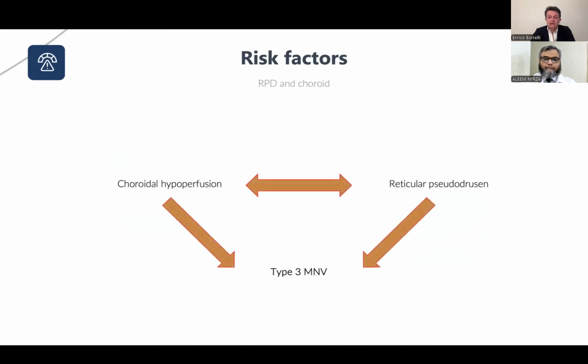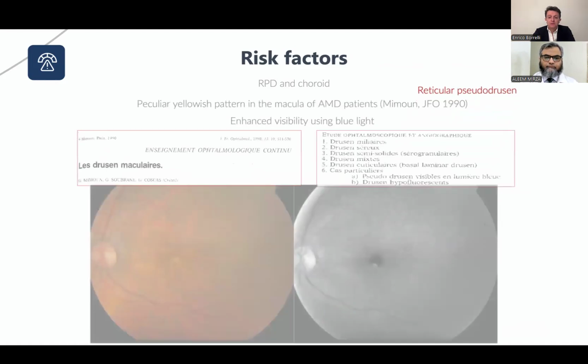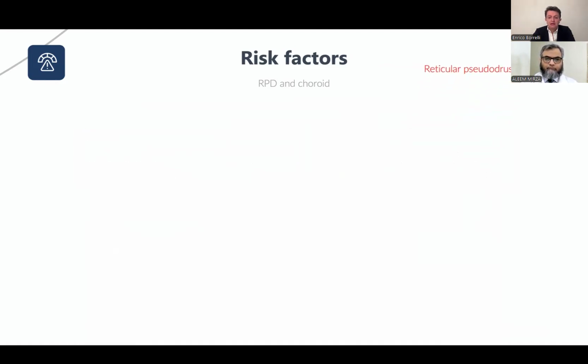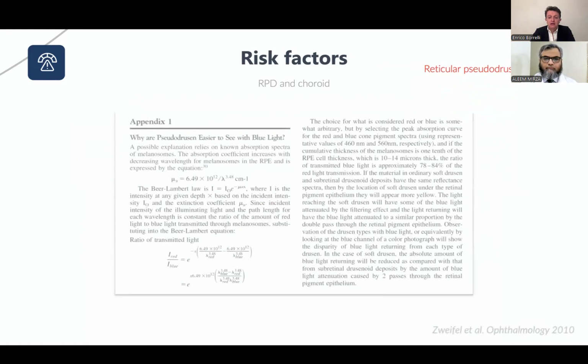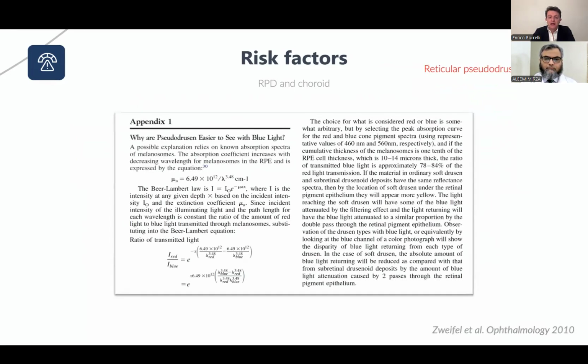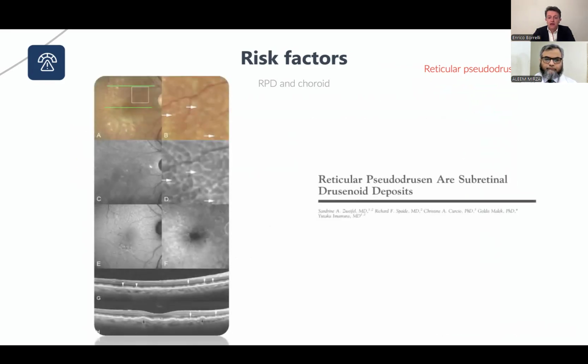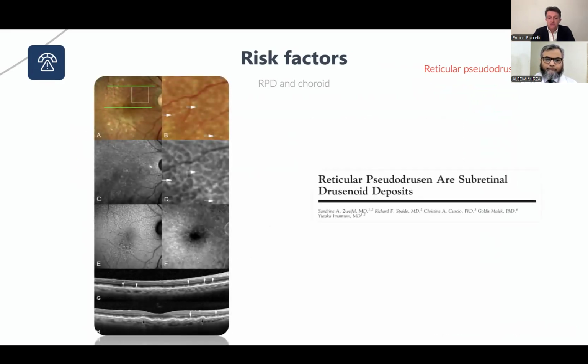So there are other risk factors, including choroidal hypoperfusion and the presence of reticular pseudodrusen. Reticular pseudodrusen are common in patients with AMD, and these are easily visualized using a blue light, and they may also be visualized using structural OCT as they appear as subretinal drusenoid deposits.